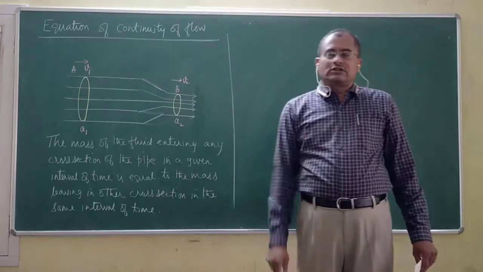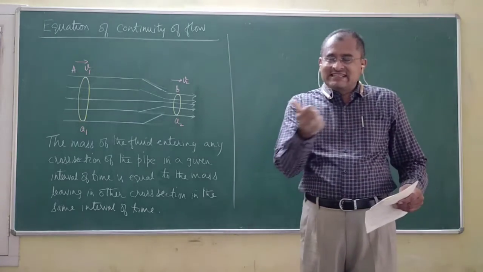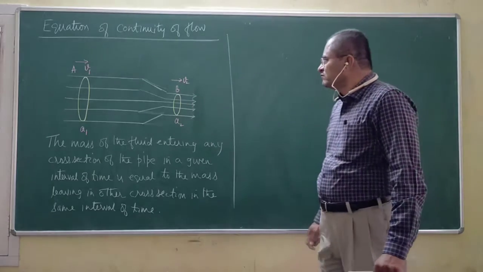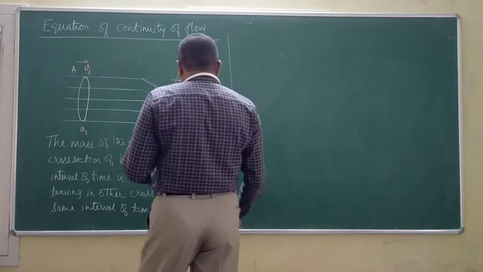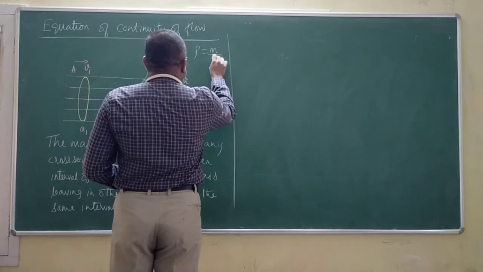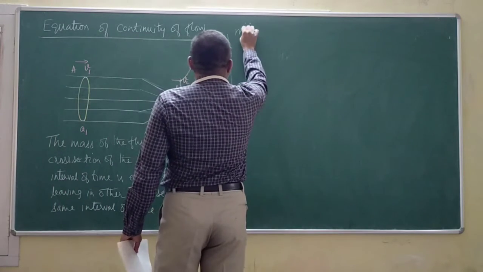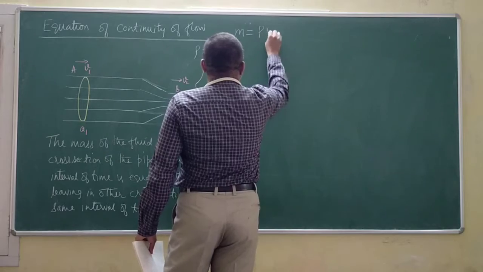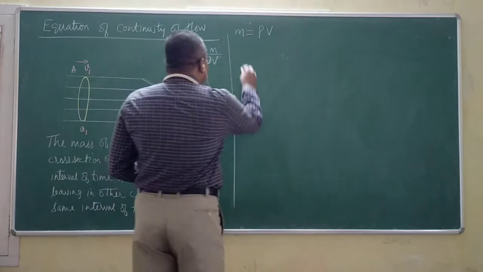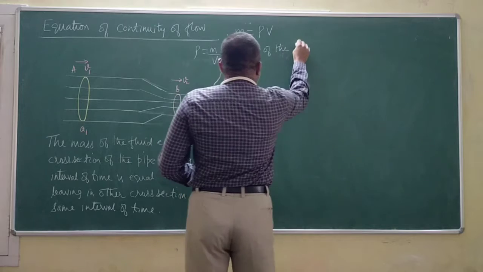We want to find out the mass of the fluid entering A and the mass of the fluid leaving B. To calculate mass, I know density is mass by volume. Is that okay to you? From this, I can write mass is equal to density into volume.